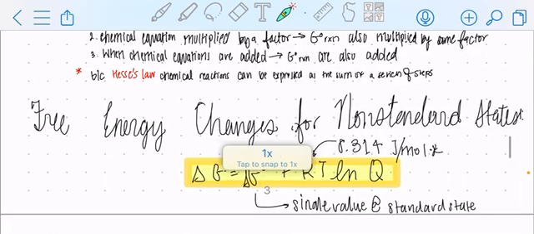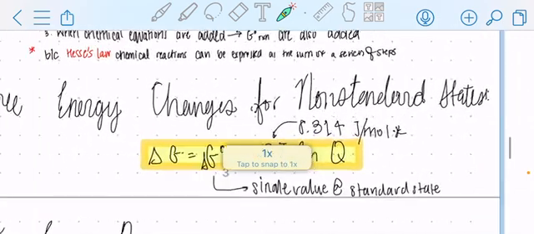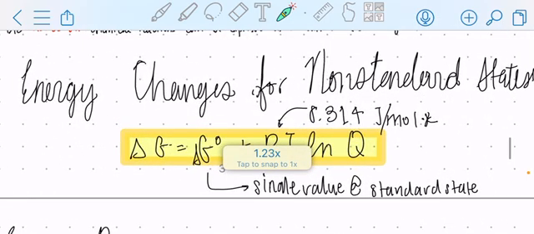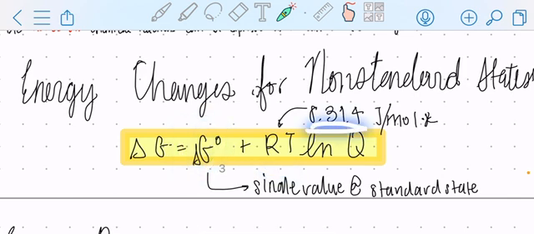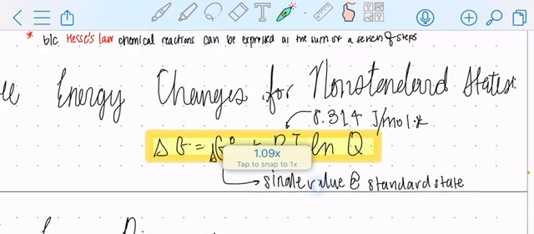The free energy changes for non-standard conditions. To calculate this for non-standard conditions, you would have to know the change in G for standard conditions plus R, which is a constant that we've discussed earlier, which is 8.314, times T, the temperature in kelvins, times ln of Q. Q is the reaction quotient.